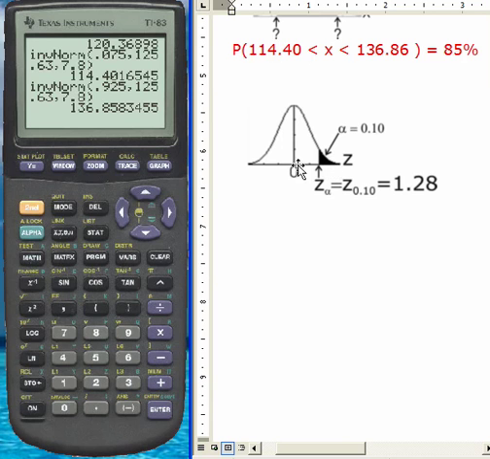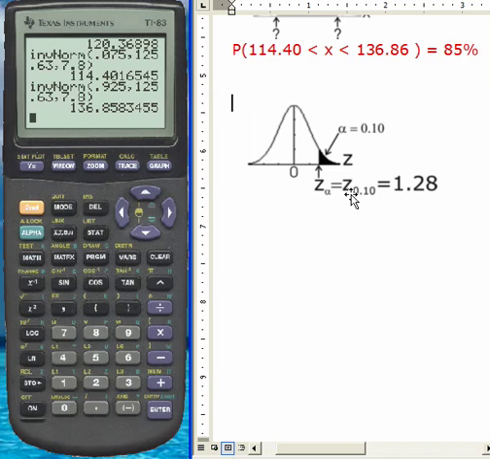So we want to know the point on the number line that's under the Z curve, which is the standard normal distribution where the mean is 0, standard deviation equals 1. So what's the point on this number line such that the area to the right of it is this 0.10 or 10%?